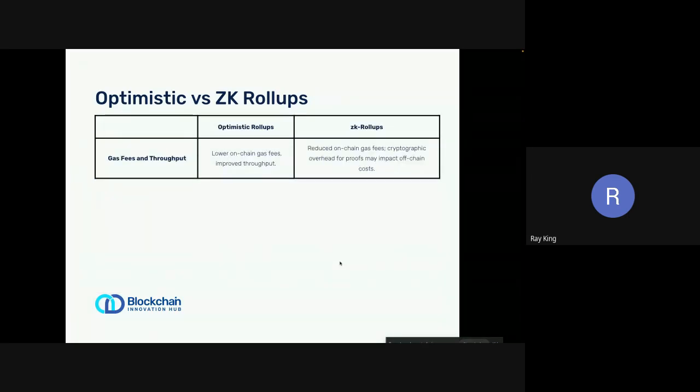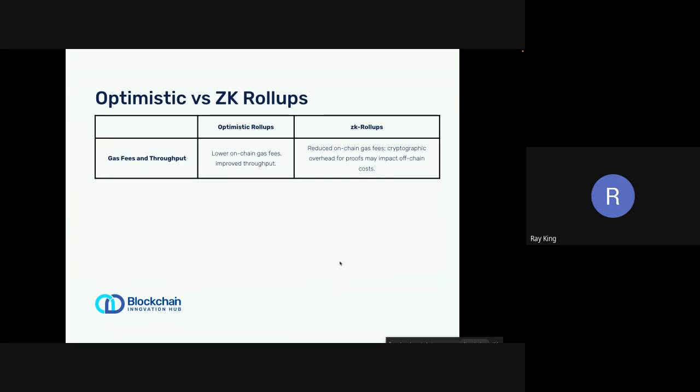And lastly, gas, in terms of gas fee and throughput. For optimistic rollups, we have lower on-chain gas fee and improved throughput, that is, improved transactions per second. For ZK rollups, we also have reduced on-chain gas fee. The cryptographic overhead for proofs may impact off-chain costs.